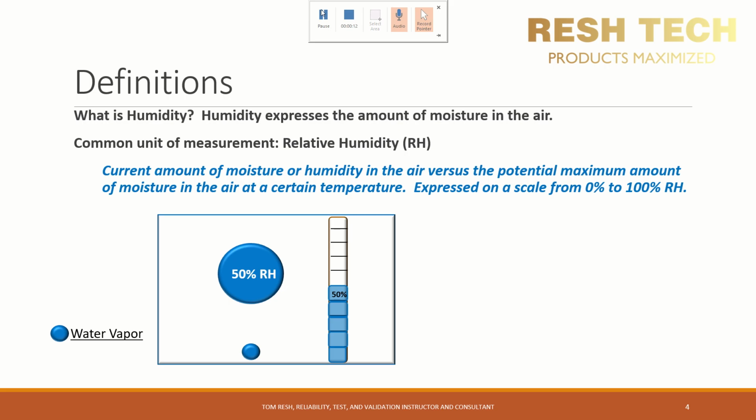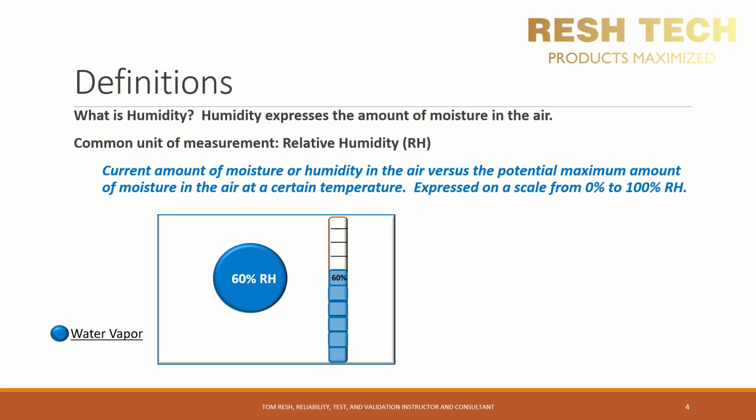Let's watch a quick animation on why RH is a useful measurement tool for determining water vapor content in the air. Notice the RH of the air is currently at 50% RH. Let's go ahead and see what happens when we start introducing more water vapor into the air. As you can see, as we introduce more water vapor into the air, the relative humidity of the air increases until we reach 100% RH.